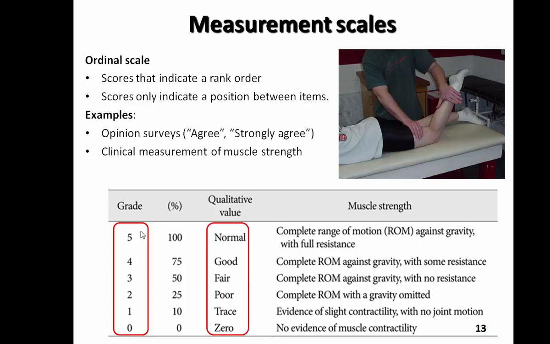This scale can be expressed as a percent, and these scales usually have a single-word verbal descriptor. Sometimes it involves more than one word, but a verbal descriptor accompanies each level of this very established order, where a grade of 5 is considered normal strength, which in this case means the person does not have an injury that would affect function, down to 0, where there's no evidence of muscle contractility.